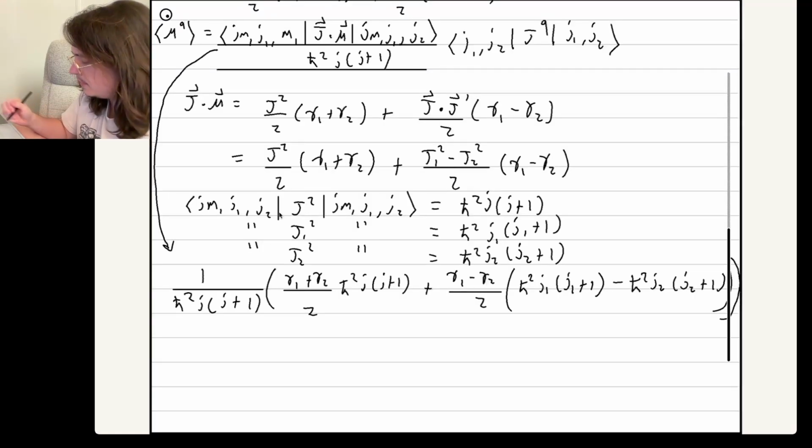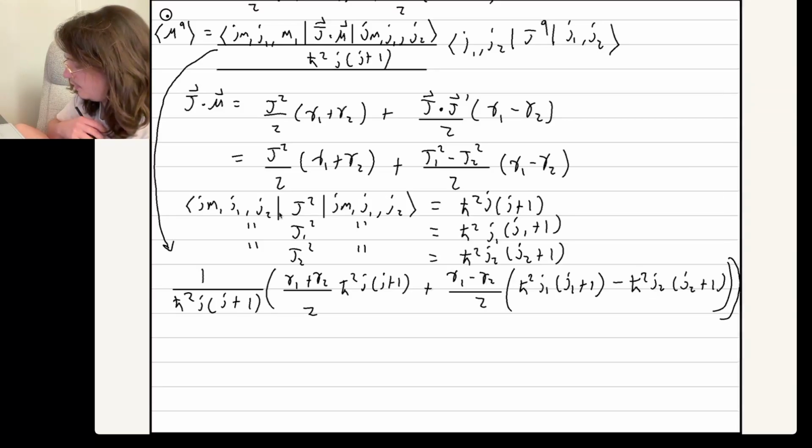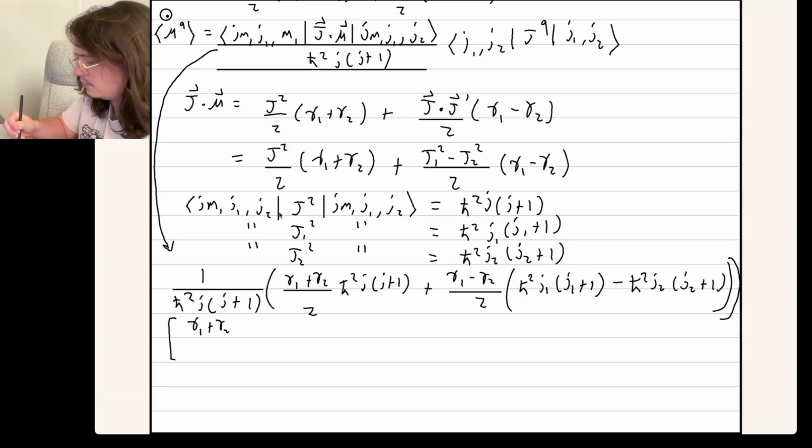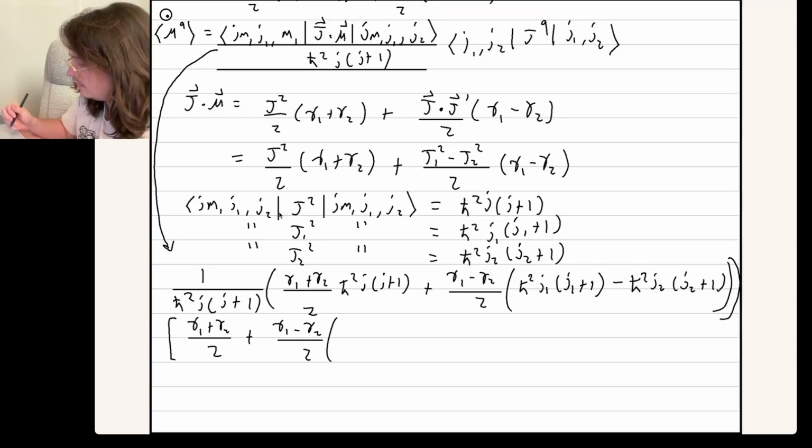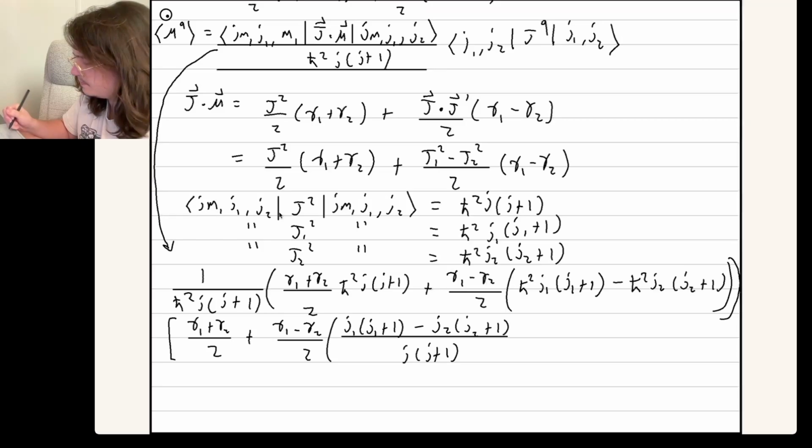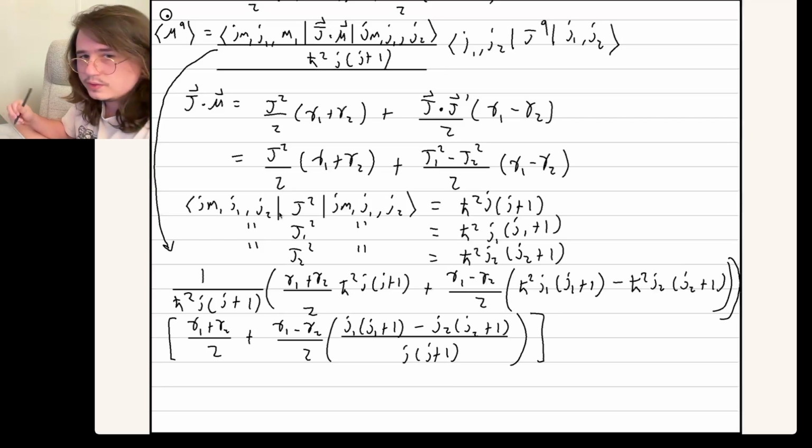Simplifying a bit, all the h bar squared stuff will cancel out. You'll have gamma 1 plus gamma 2 over 2, and then the j times j plus 1 gets canceled out there, and then you'll have gamma 1 minus gamma 2 over 2 times this stuff in here, which will now be j1 times j1 plus 1 minus j2 times j2 plus 1, all over j times j plus 1. That should do it.